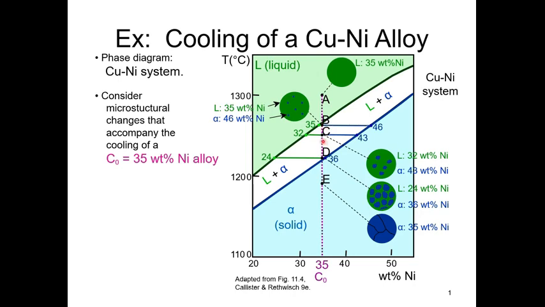When you go down further, at the point of the L and alpha region, at C, in the alpha and liquid region, you can find bigger solid. You will see more solid, or the solid is bigger. At the solidus line, if you observe at D, at the temperature here near the solidus line, you can observe more solid but a smaller amount of liquid. Why?